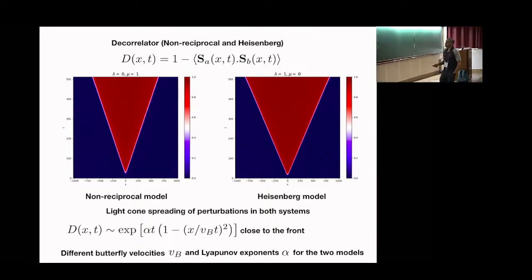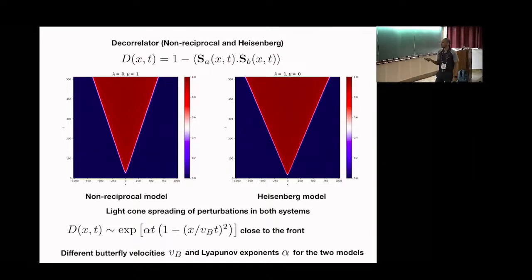It turns out that you can actually fit an expression for the spatial and the temporal dependence of the decorrelator in the vicinity of this front, which has this form, from which you can read off a Lyapunov exponent alpha and also this butterfly velocity Vb. In general, of course, if it has a Lyapunov exponent, you'd expect it to have the form exponential alpha t, and if it has this ballistically propagating front, times some function of x divided by Vb t.